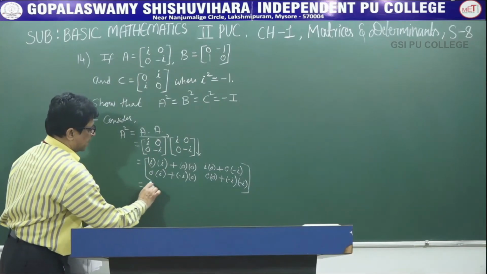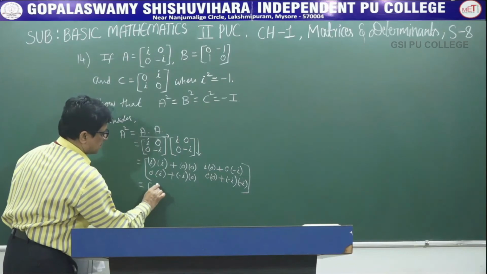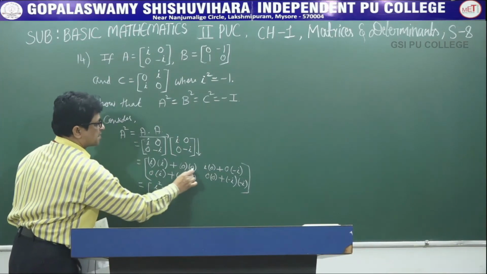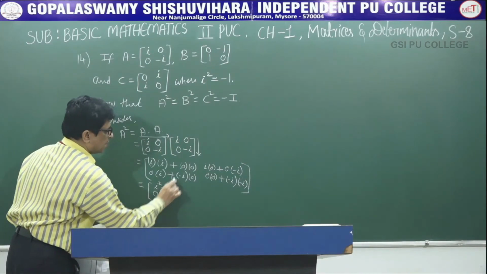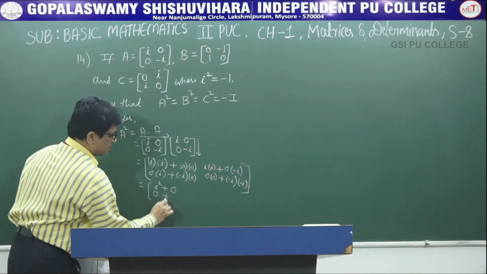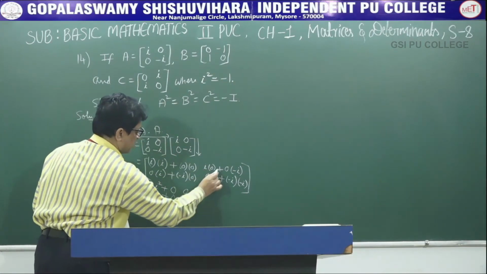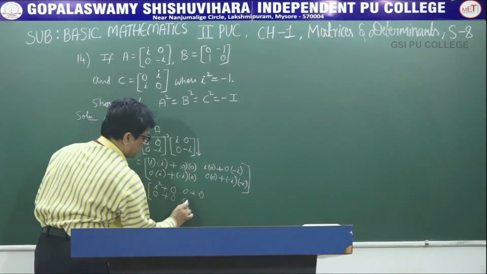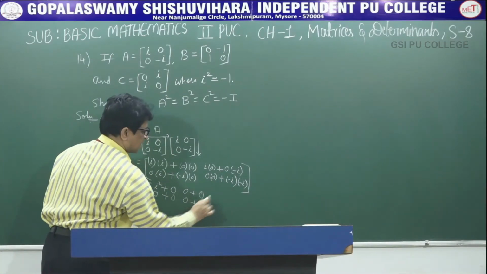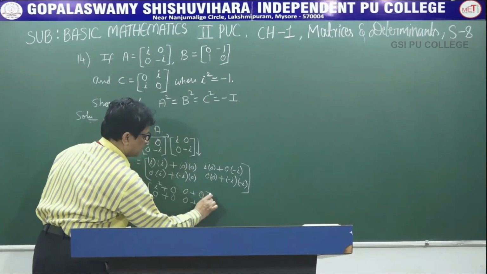So, that will be equal to i into i square plus 0 into 0, 0; 0 into i, 0 plus minus i into 0, 0, i into 0, 0 plus 0 into minus i, 0; 0 into 0, 0 plus minus i into minus i square.